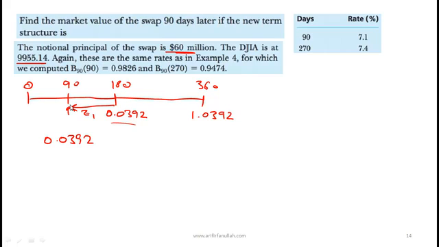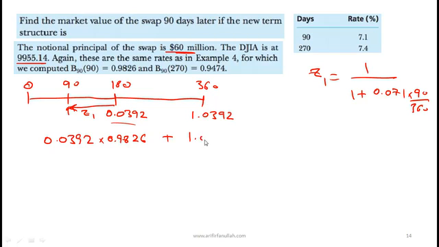Yeah, so this discount factor, I'll just calculate the Z1 for you. Z1 is going to be 1 over 1 plus, and then what's the new 90-day rate? 7.1%, so 0.071 multiplied by 90 over 360. So that's the Z1 value, which is 0.9826, plus you have this value 1.0392.